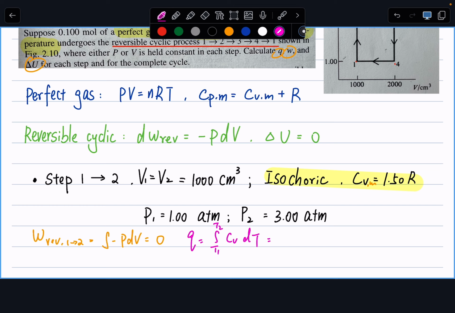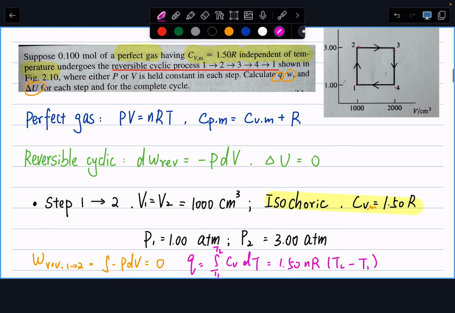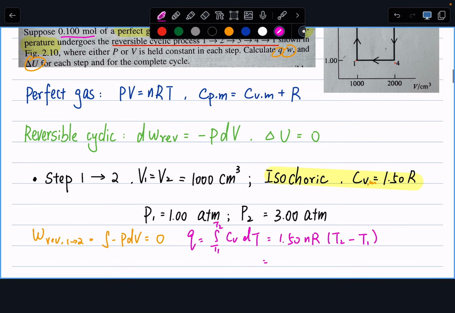And we know what CV is, that's 1.50 NR, a constant, and dT is just T2 minus T1. Do we have numbers here? Well, N equals 0.1 mole, so 1.50 times 0.1 mole times your gas constant R.